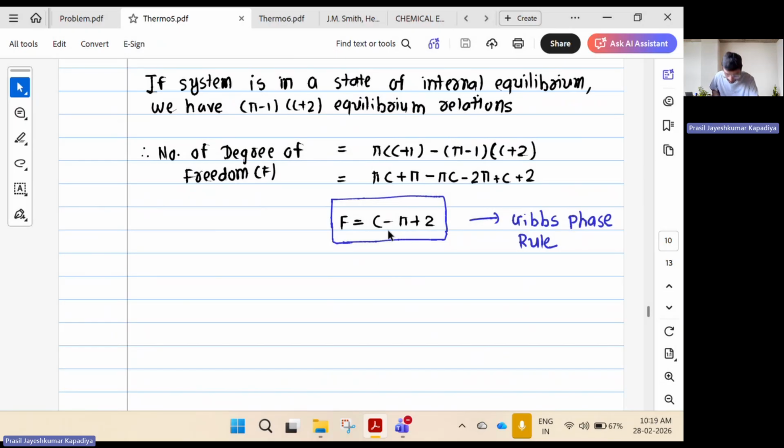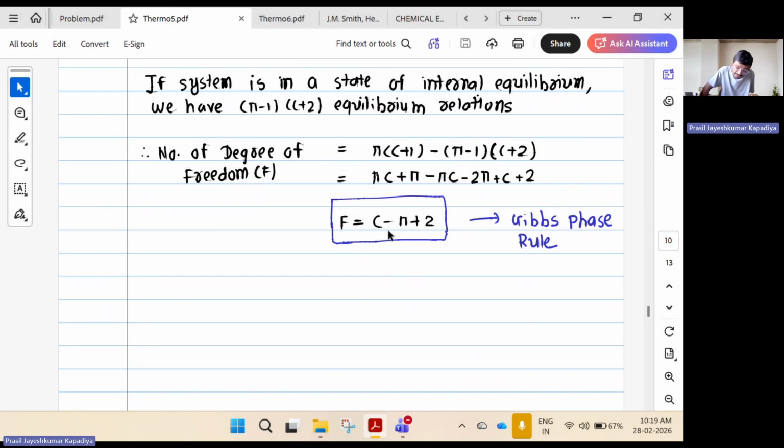A phase is separated from the rest of the system by a boundary surface where the properties undergo a discontinuous change. Single phase systems are called homogeneous systems, and systems with more than one phase we call heterogeneous systems.